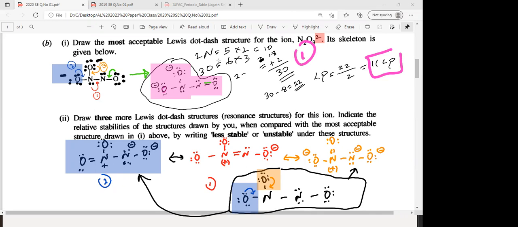Or else the other one, you can shift the lone pair from this side. Look at, I'll put one more arrowhead here, green one. You can shift the lone pair from this side here. Is that clear? That is the, I'll highlight that red one. So the green here, this one. That's the green one.